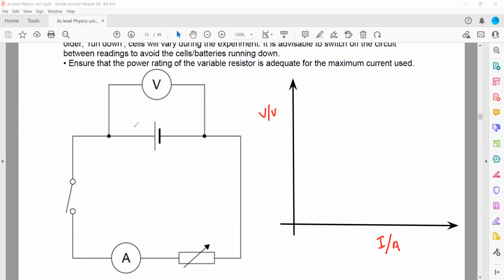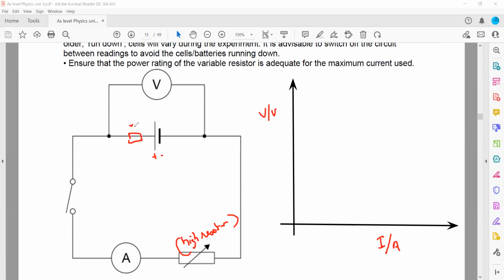Now when the switch is open, remember that in the beginning the variable resistor is having a very high resistance. When the switch is open, there is no current passing through the circuit.